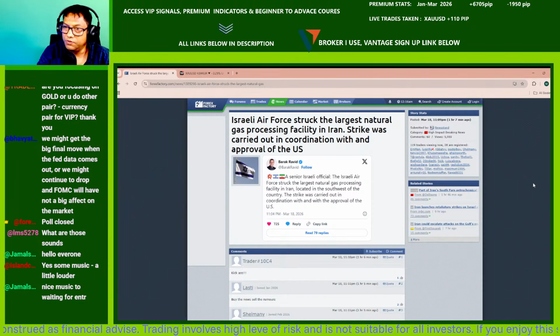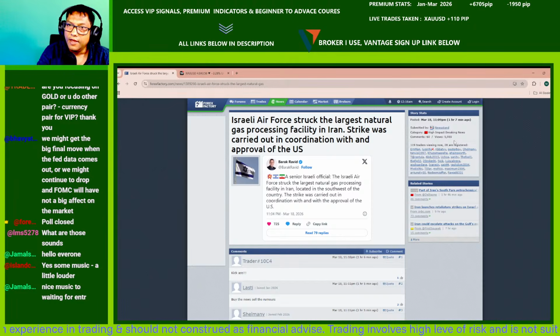So there has been another big news came out here. A senior Israeli official said the Israeli Air Force struck the largest natural gas processing facility in Iran, located in the southwest of the country. The strike was carried out in accordance with and with the approval of the US.